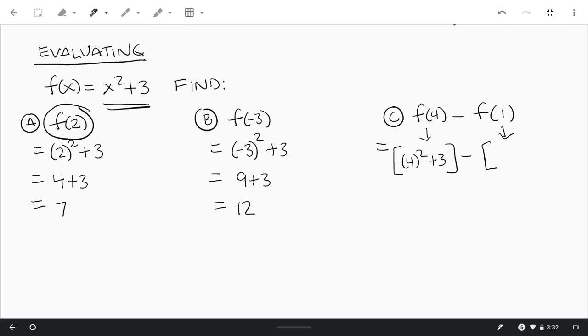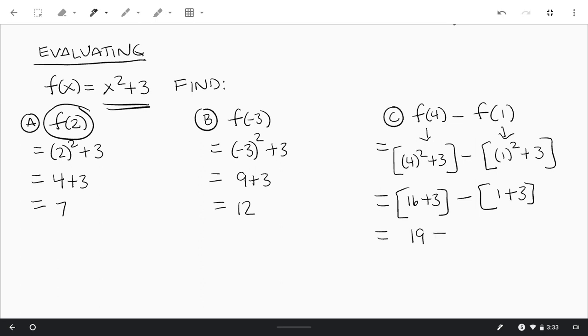So I'm going to replace the x values with 1. So I get 1 squared plus 3. Okay? So inside here, I get 16 plus 3. And in here, I get 1 plus 3. So over here, I get 19 minus 4. And so I get 15.